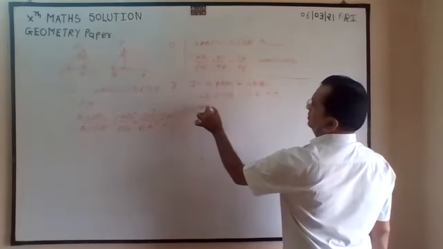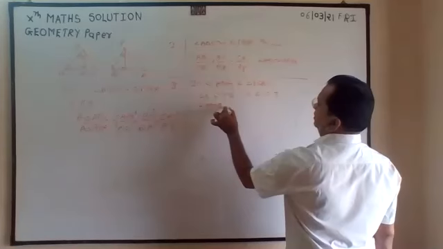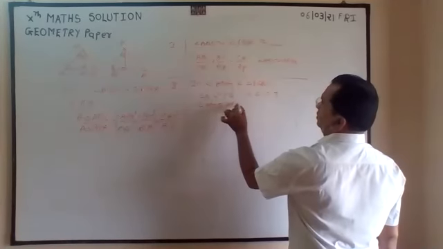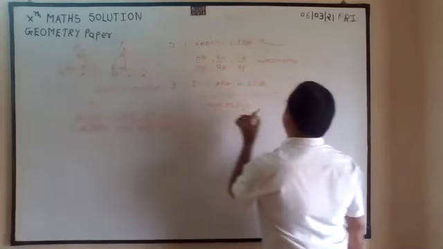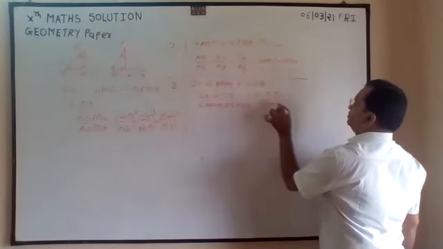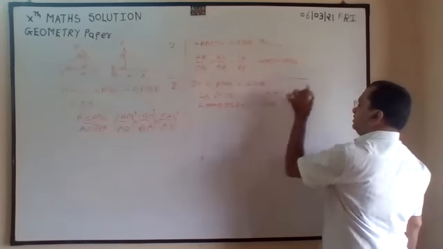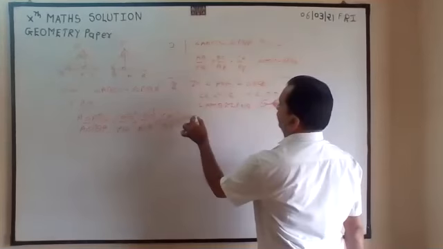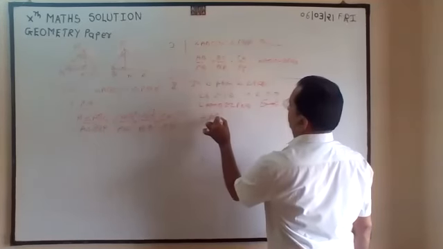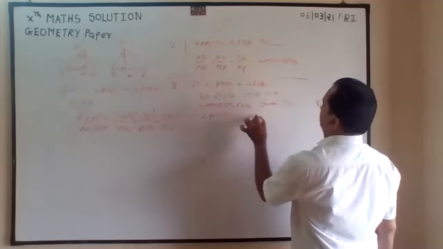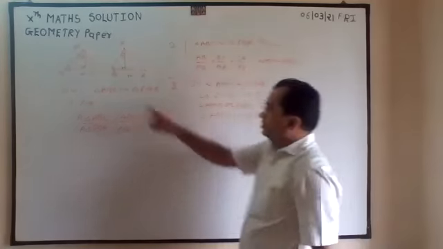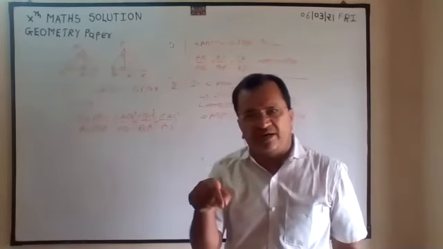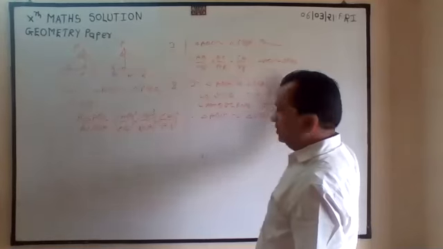Then angle AMB congruent to angle PNQ, each 90. Therefore, the two triangles are again similar: triangle ABM similar to triangle PQN by AA test. The full triangles are given similar, so write the ratio in proportion.